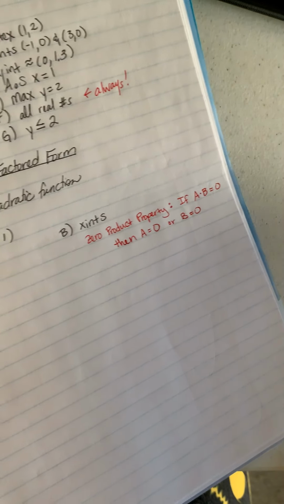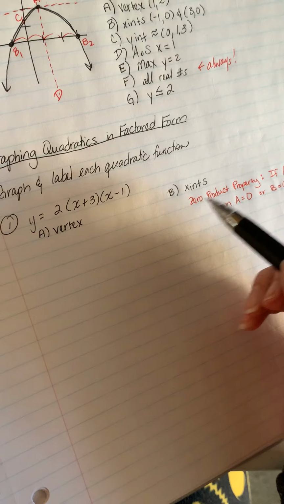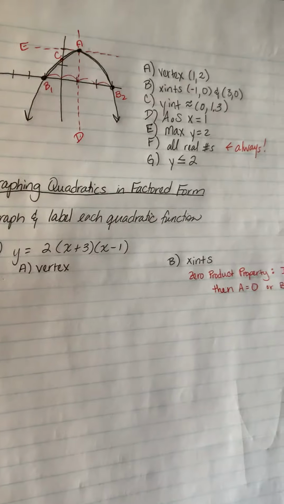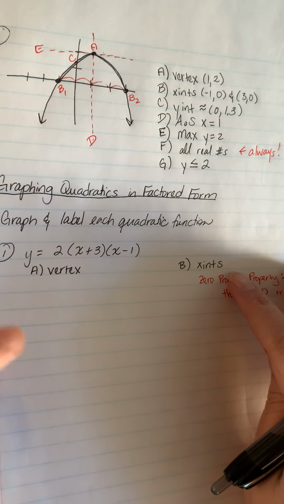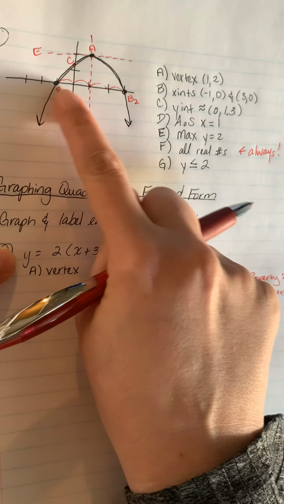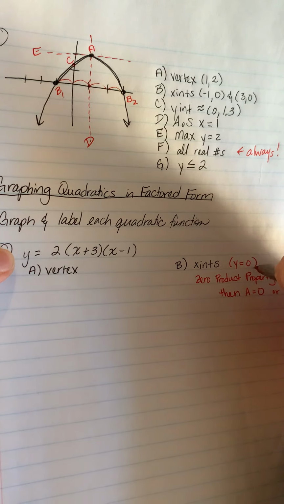All right, well, x-intercept means that y equals 0. X-intercept means that y equals 0. That is what x-intercept means. See, it hits the x-axis, so y equals 0.